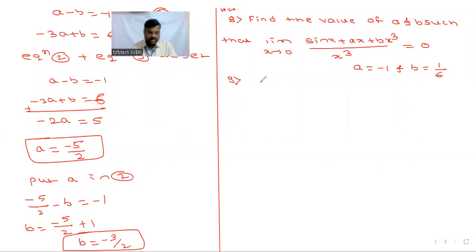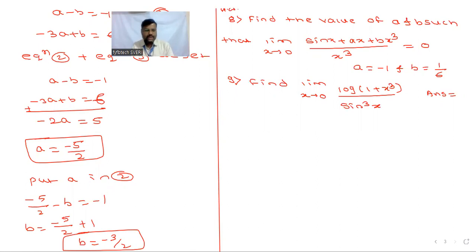Next, find limit x tends to 0, log of 1 plus x cube divided by sin cube x. Answer is 1. Okay. So just solve these 2 examples for your hard work. Okay. So we go to the next one.